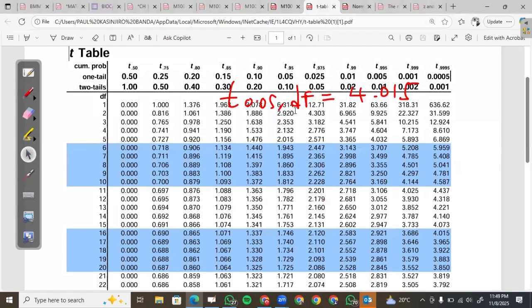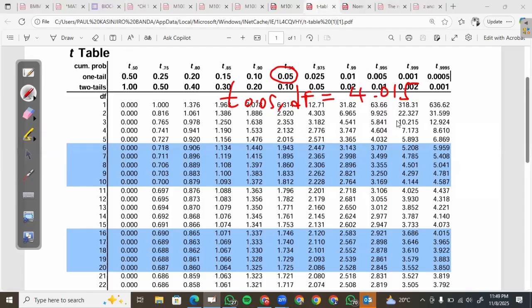On this t table, my alpha is 0.05, so my alpha is this one. What was I given there? I can't seem to find the 4 point something there. The 4 point somethings start from here.